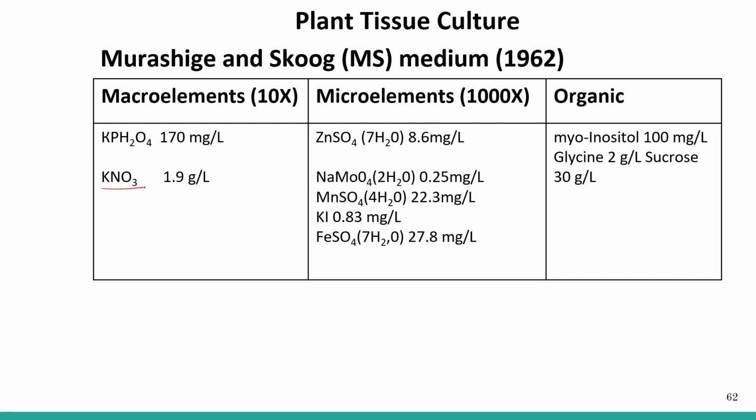KH2PO4 and KNO3 are also required as macro elements. ZnSO4, Na2MoO4, MnSO4. There are so many micro elements required for the preparation of this Murashige and Skoog medium, also called MS medium, which was developed in 1962.